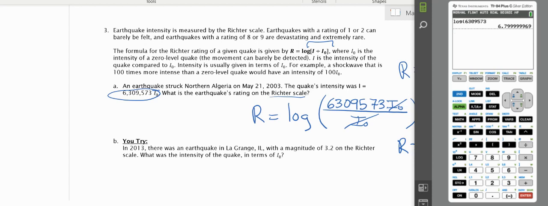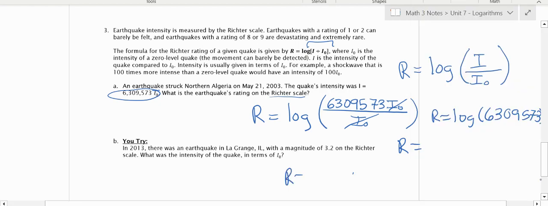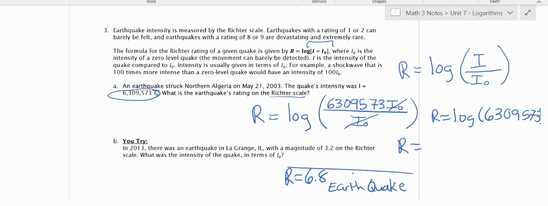And when we do that, we should get 6.799 or 6.8. So on a Richter scale, this was a 6.8 earthquake. Once you get a 7 or 8, it is devastating. A 6.8 is still pretty up there, but that would be it.